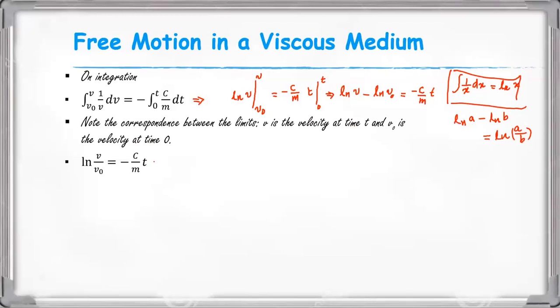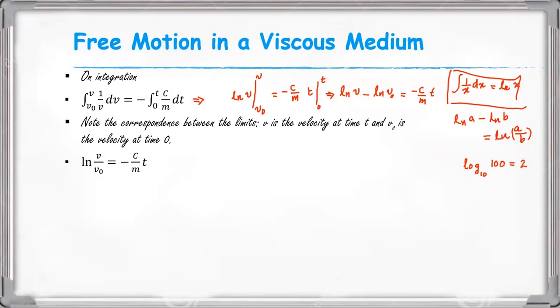Then we know that logarithm base 10 of a quantity, 100, is equal to 2.